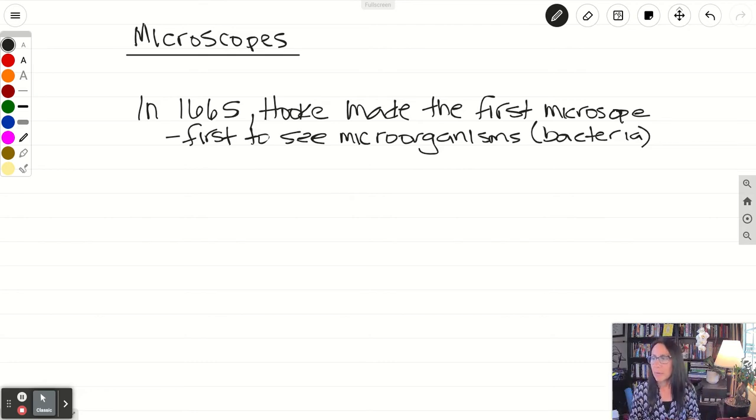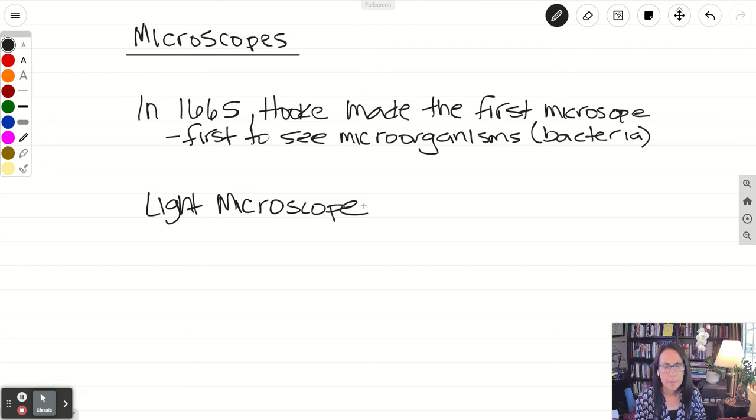But I want to point out that using a microscope allows us to see little small things. And the microscope that we use in our class is called a light microscope. And so I'm going to show you a picture of a light microscope.